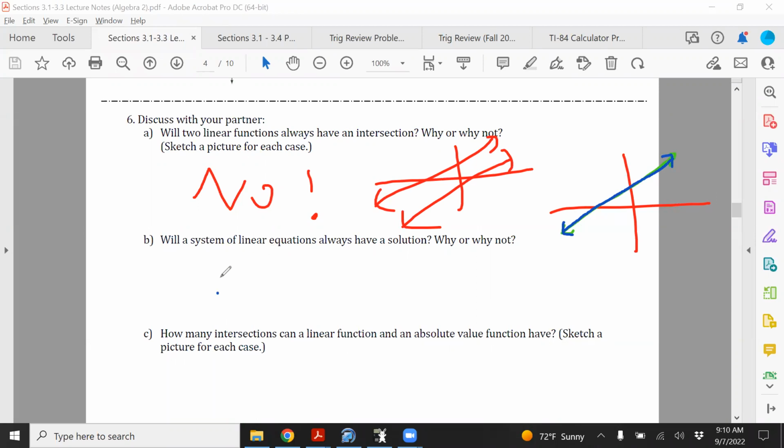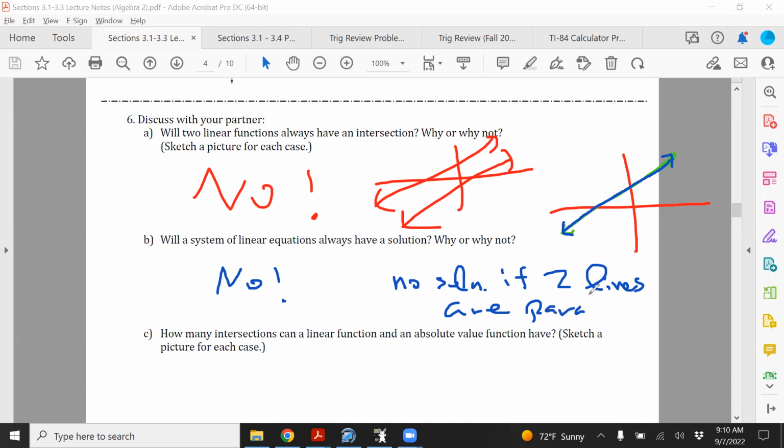No. There could be no solution if two lines are parallel. So it doesn't always have to have a solution.